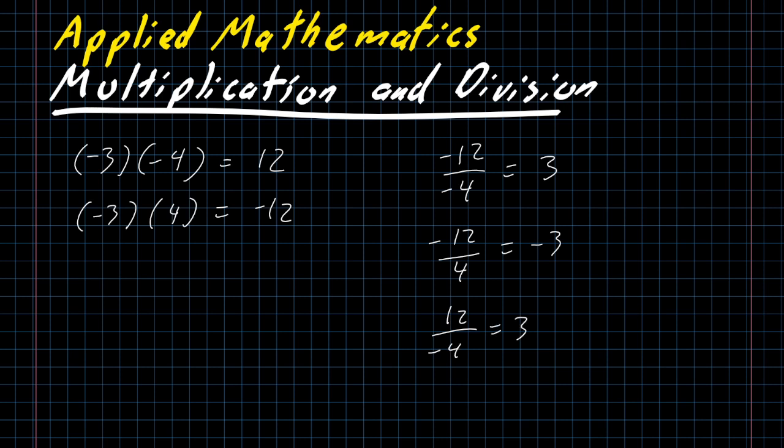And that's actually one of the places where I think it's most important to remind you. You can put a negative sign in the numerator of a fraction, or put a negative sign in the denominator of a fraction, and either way, the result will come out negative. But if you try to put the negative sign in both numerator and denominator, then your result is going to come out positive. So keep that in mind.